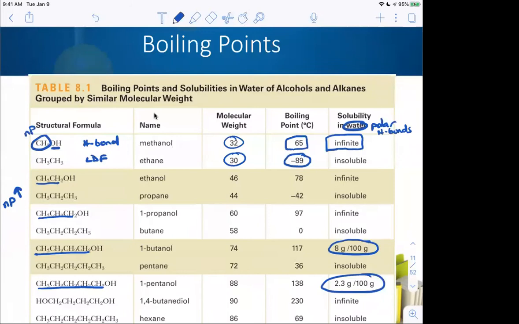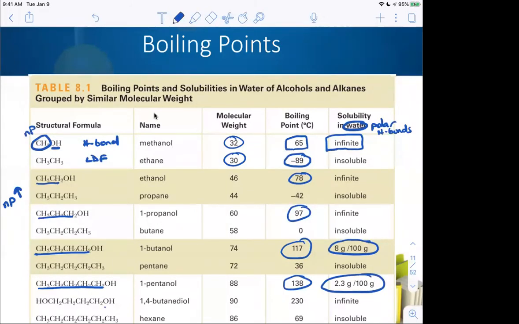Remember, like dissolves like. So as my carbon chain size increases, my solubility will decrease. But notice, in every case, the boiling point is still significantly higher than the corresponding alkane.